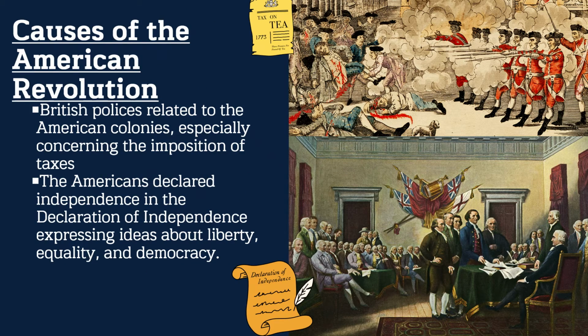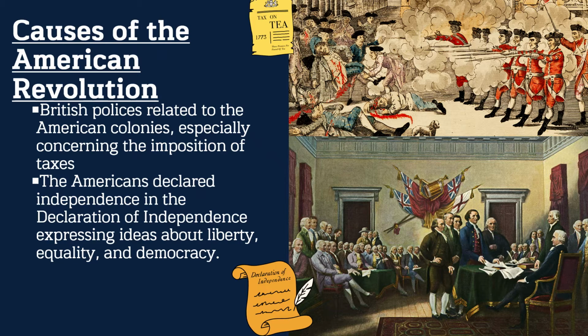Those taxes being the major cause, the British policies relating to the colonies, specifically on the imposition of taxes. The Stamp Act, the Sugar Act, the Tea Act, the Townshend Act, all of these relating to taxes on the colonists, where the British monarchy is trying to reimpose control over the colonies after years of benign neglect.